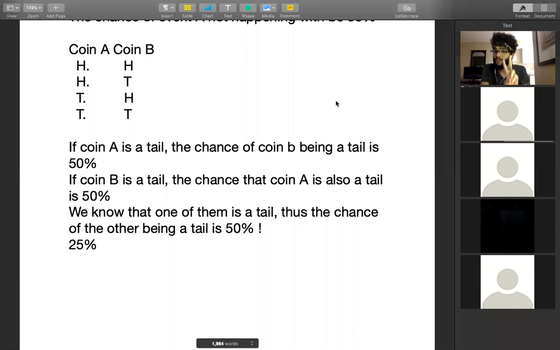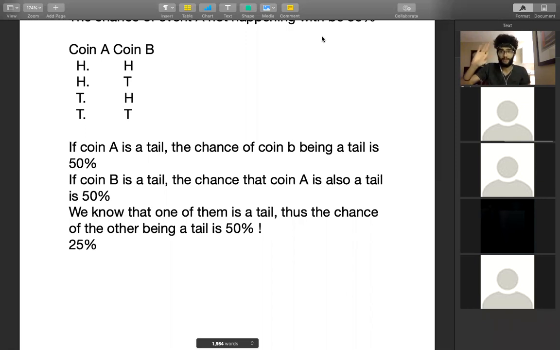It means that both the coins are tails, right? One of them is a tail, which has been told to us, and now we are trying to guess that the other one should also be a tail. So we are technically trying to find the event where both those coins are tails. And out of those 4 events, only one event has both tails, which means the chance of that event happening should be 25%. How many of you agree with this logic?